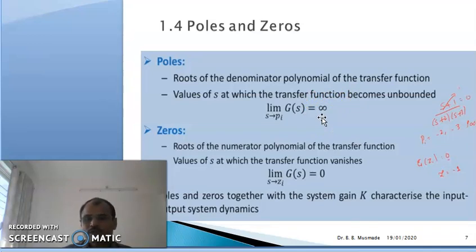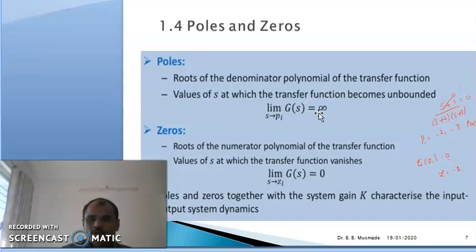If you put the value of a zero in the system transfer function, then the system transfer function becomes 0. That's why the name zero is given. And the meaning of unbounded or infinity is a pole. So a pole having infinity height, that's the idea behind the name pole.